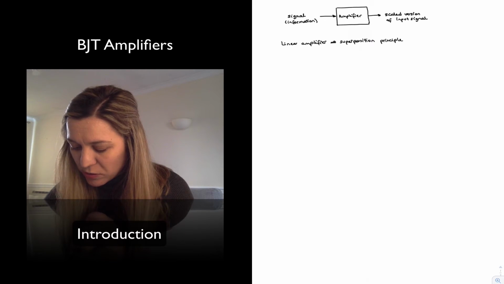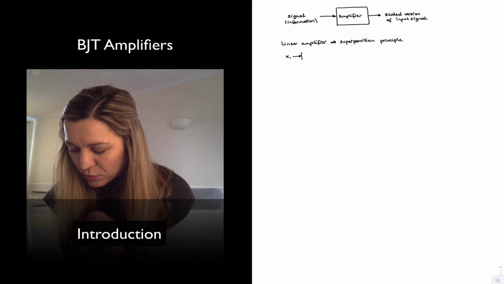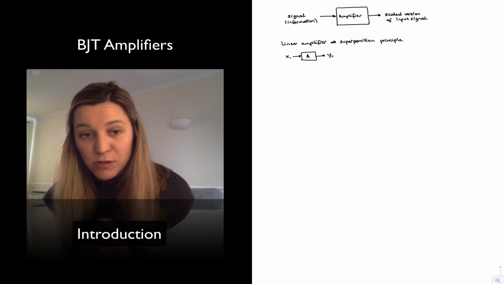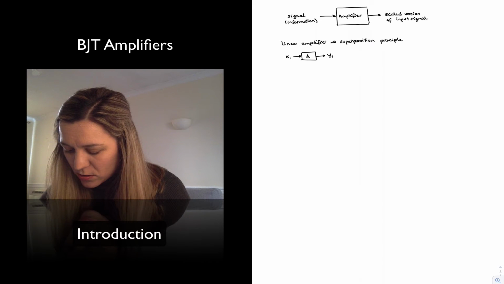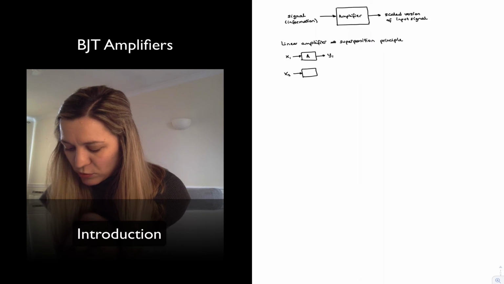So basically what that means is if I have an amplifier, let's say I feed it with a first input X1, and that produces a response output Y1. Then I feed it with a stimulus or input signal X2 that produces an output Y2.